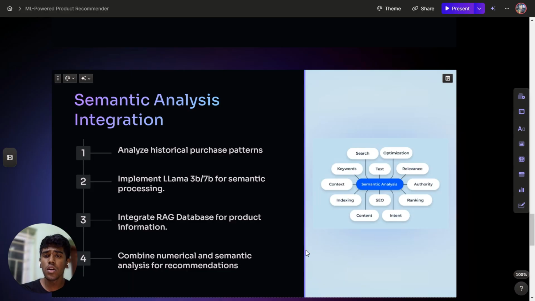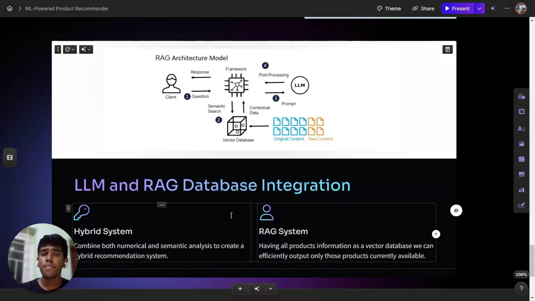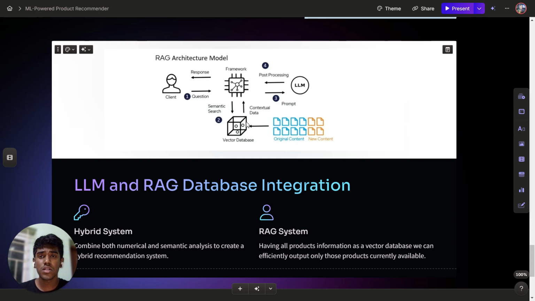Moving on, I'm implementing a RAG database like this. When a client has a question, it goes into the vector database and sees what is available, and that is posted to the LLM. The LLM looks at the client's question as well as the vector database, processes it, and gives the answer on what the client can buy more.